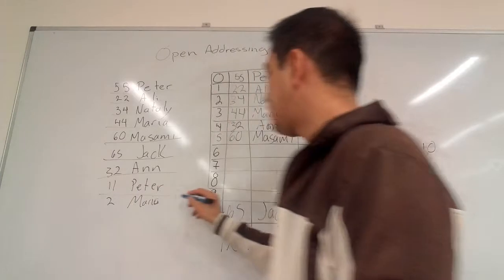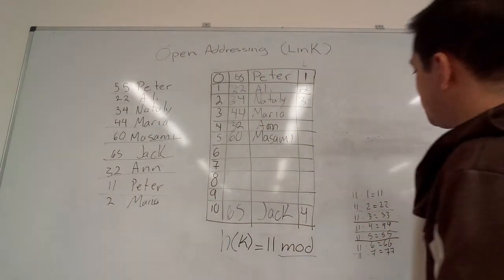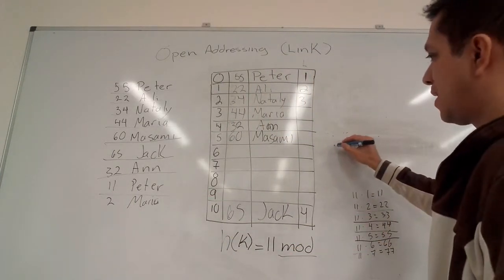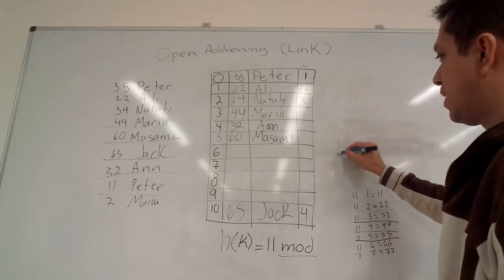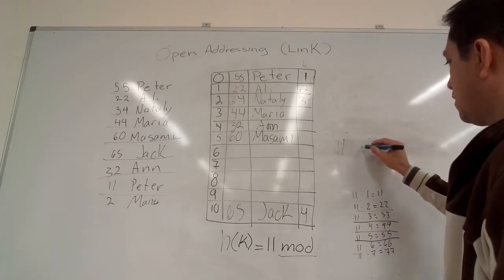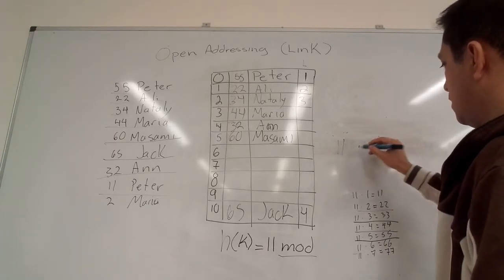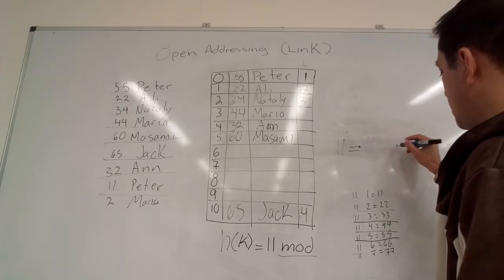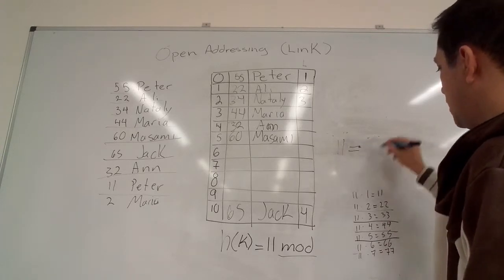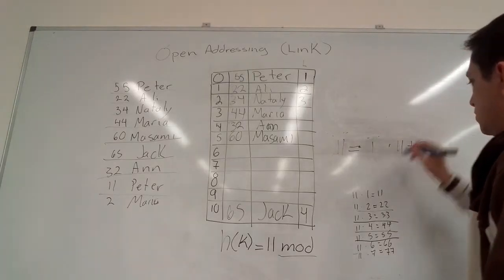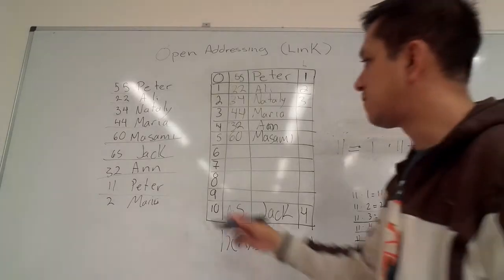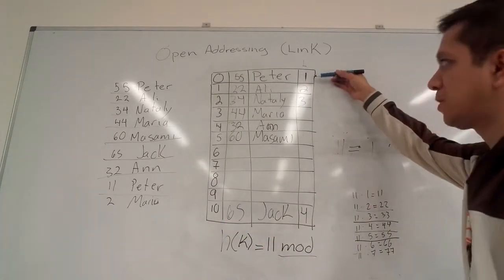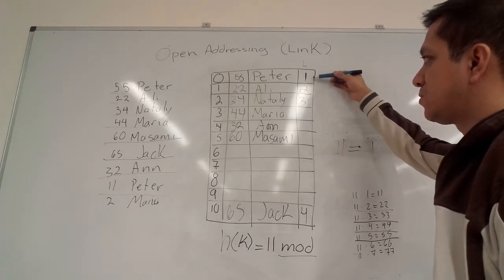Let's continue with Peter. Let's say that Peter has 11 years old, and this is going to be 11 multiplied by 1, which is 11, plus 0. So the place of Peter should be here in the 0, but it's already occupied.